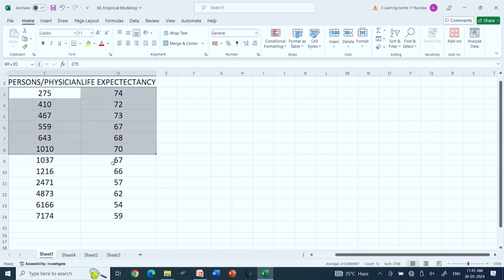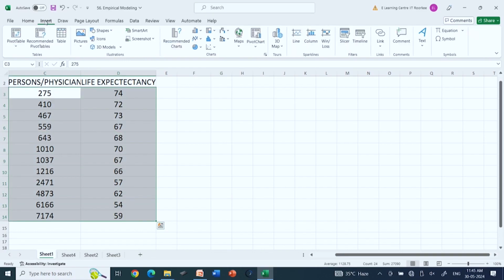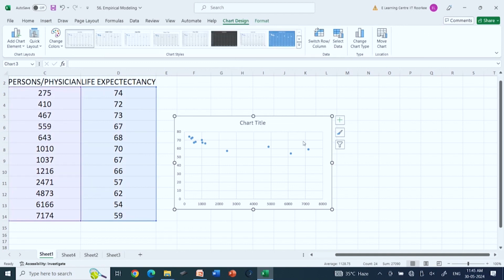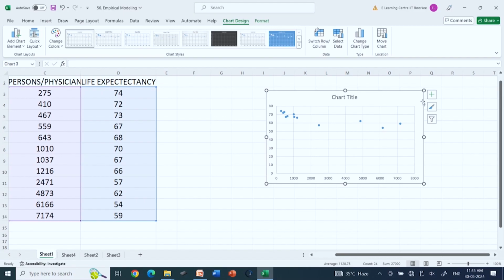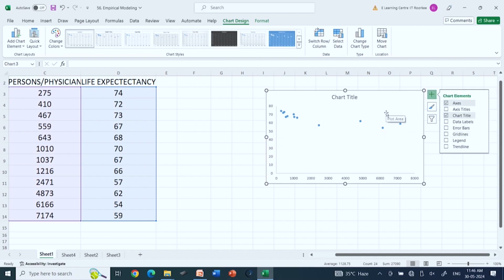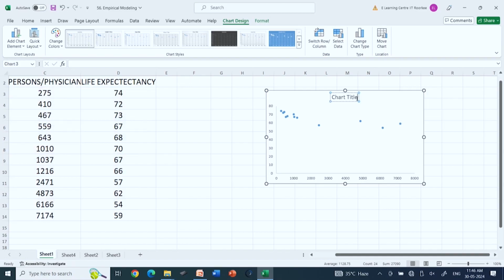So, you highlight this data, you go to insert, you select the scatter diagram or the chart and plot it like this. I will not use the grid lines, and let me try to fit, say, a logarithmic model.